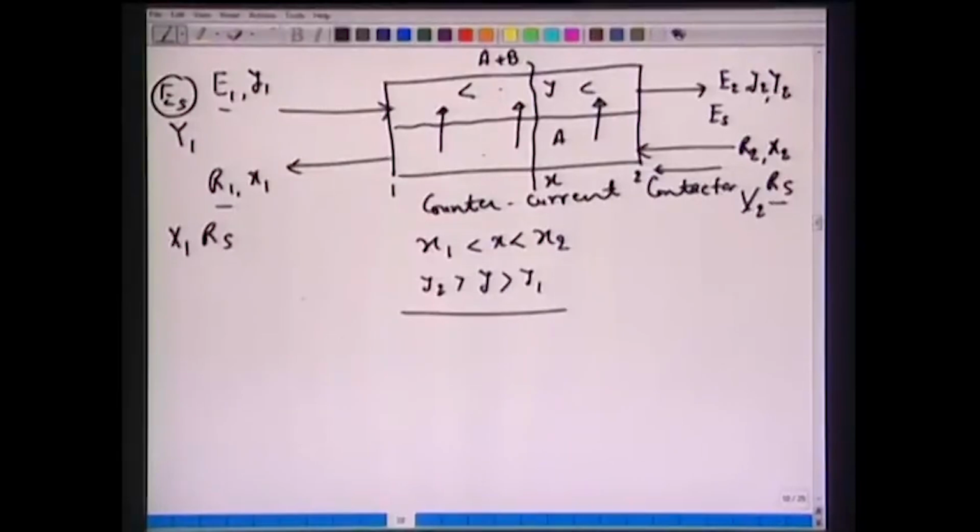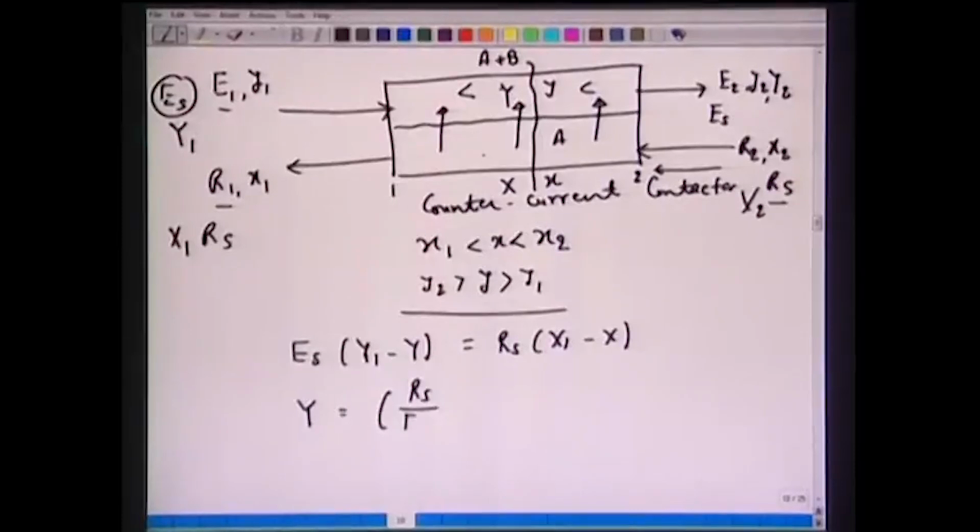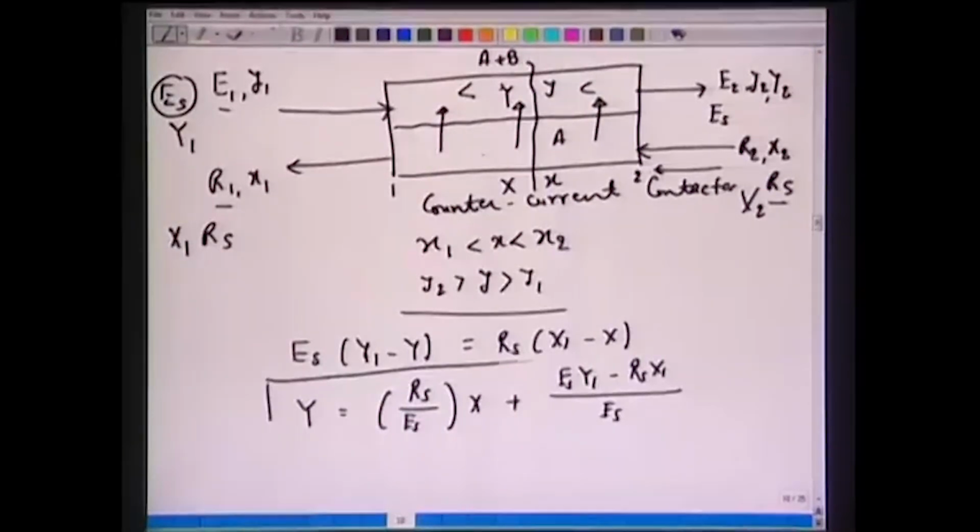We can make the material balance the way we did earlier to obtain ES times capital Y1 minus capital Y, so we have capital X here, capital Y here, equal to RS times X1 minus X, and now we have the operating curve as Y equals RS over ES times X plus (ES Y1 minus RS X1) over ES. We can box this equation.